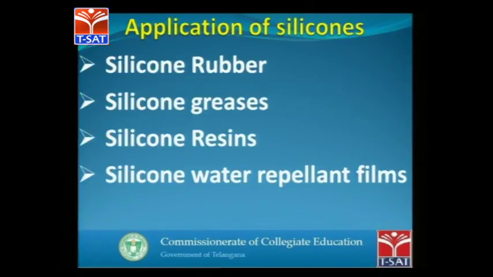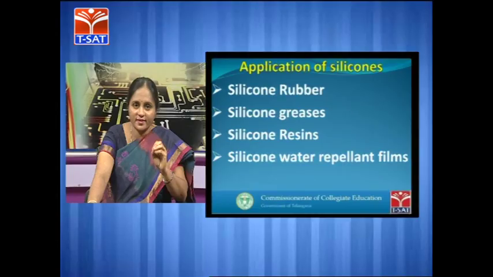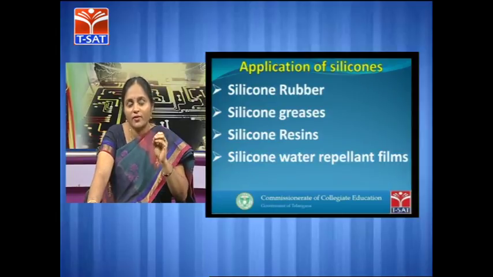Depending upon the number of units present in the silicones, they are classified into silicone fluids, rubbers, greases and resins. Silicones having 20 to 500 units are used as silicone fluids.